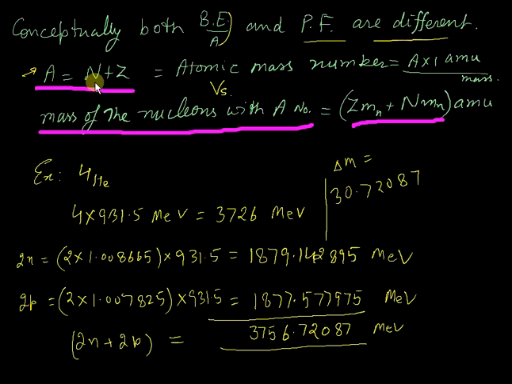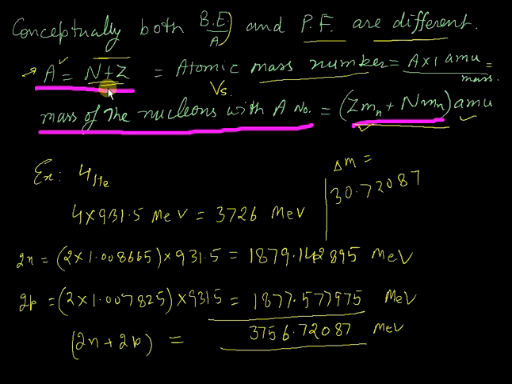You know A is equal to N plus Z: the atomic mass number is the neutron number plus the proton number. The atomic mass number in terms of mass can be written as A into 1 AMU. Second point, the mass of the nucleons with A number will be Z into M_p plus N M_n AMU.